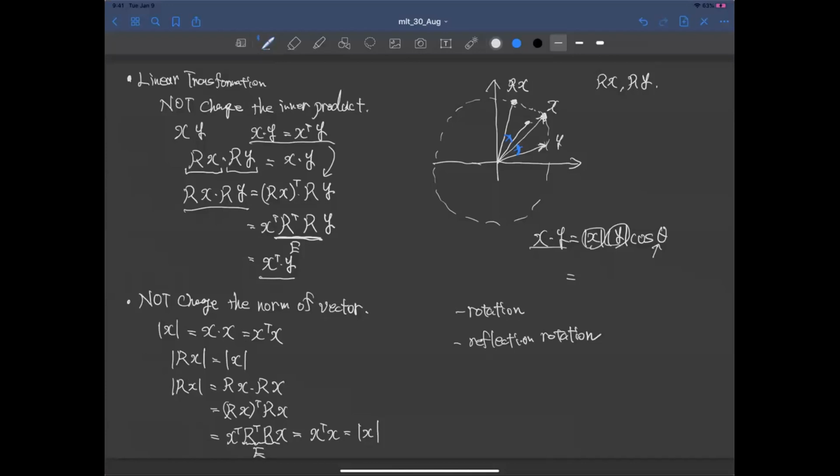Of course, both don't change the inner product and the norm. These are the properties of linear transformation with orthogonal matrices.